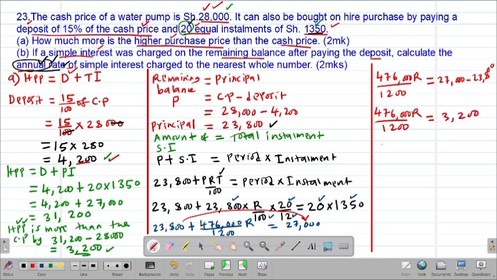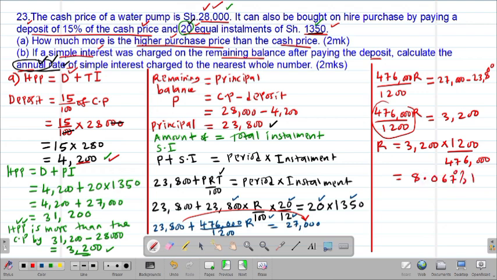So to get the value of R, I'll multiply both sides of the equation by the reciprocal of the coefficient of R. So R will be 3,200 multiplied by the reciprocal of this one, which gives us 1,200 divided by 476,000. You feed this on the calculator, you'll get your value of R being equal to 8.067%.